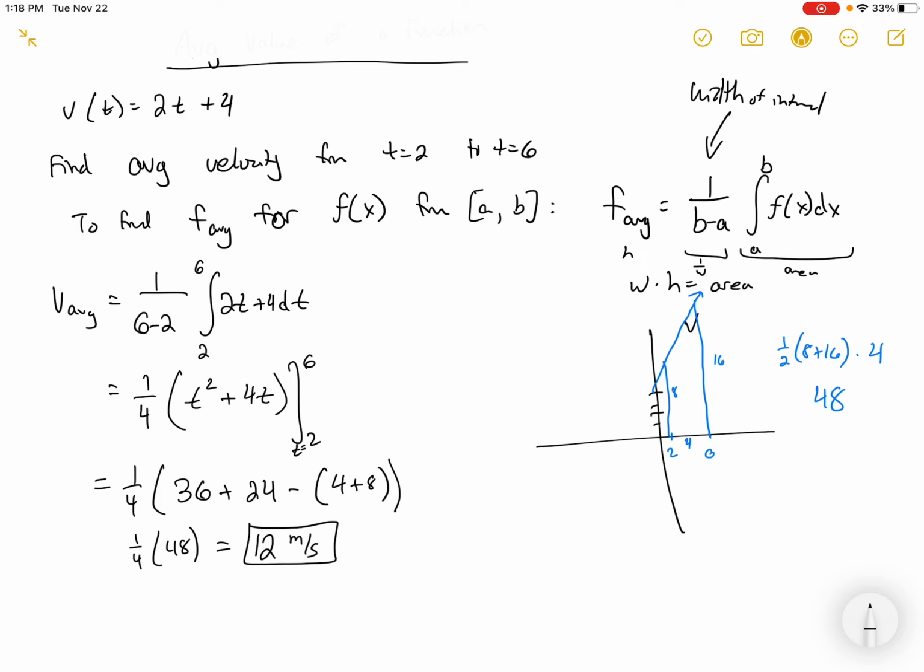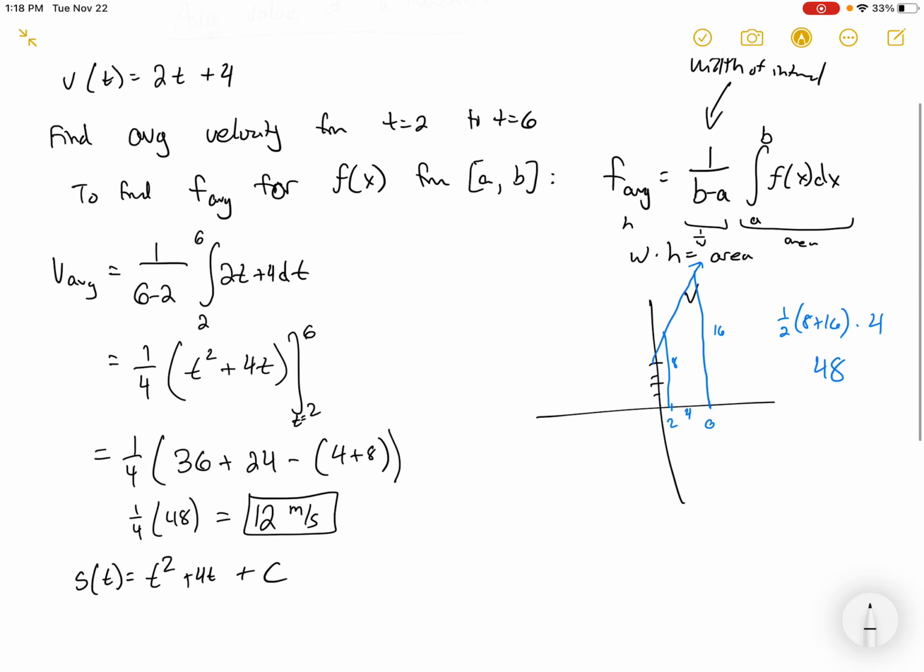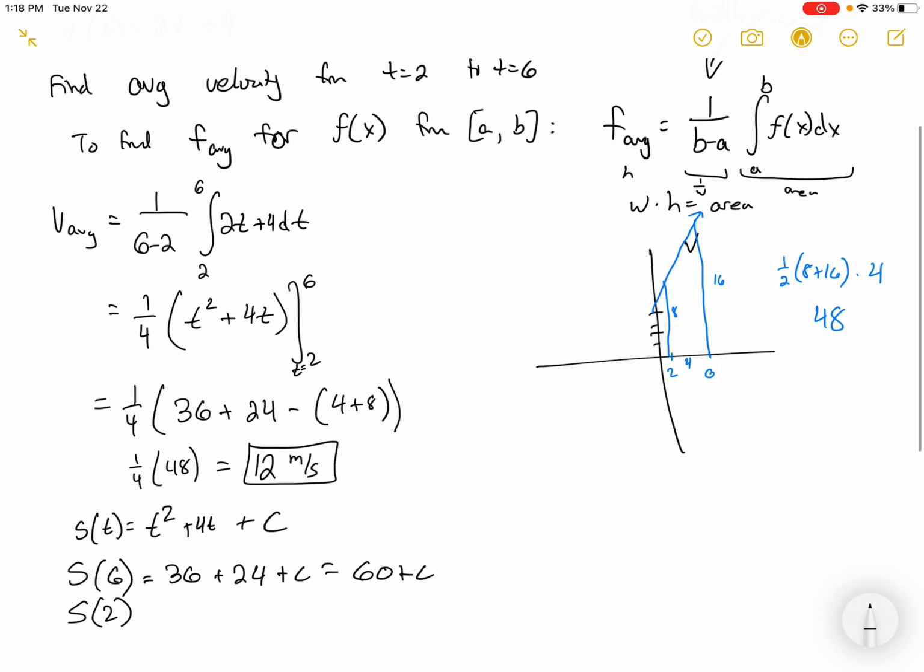No matter what, if s of t is t squared plus 4t plus some constant, then s of 6 is 36 plus 24 plus some constant, or 60 plus c. s of 2 is 4 plus 8 plus some c, that's 12 plus c.